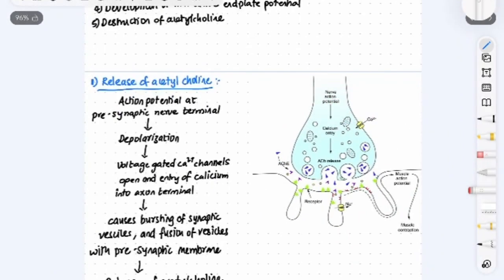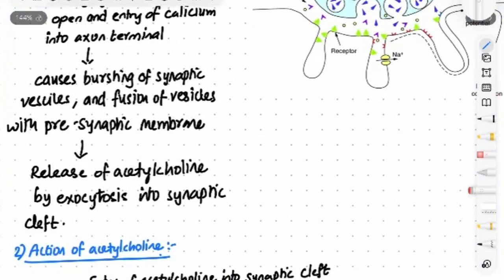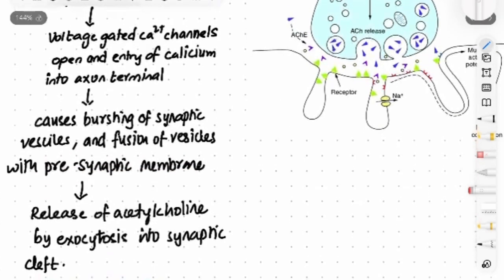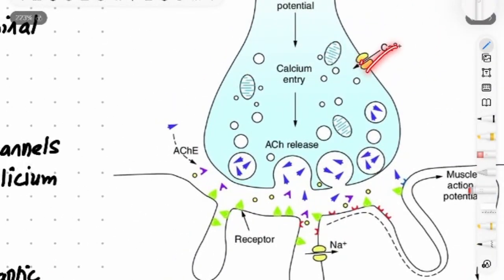Due to this rapid influx of calcium, the synaptic vesicles fuse with the presynaptic membrane. Basically, the influx of calcium helps these synaptic vesicles bind to the presynaptic membrane.